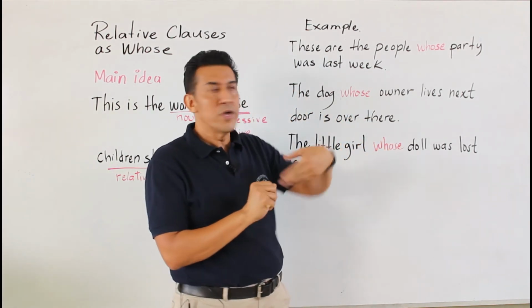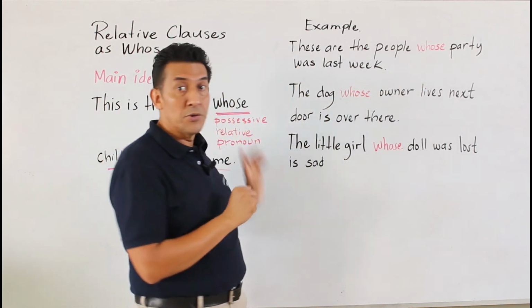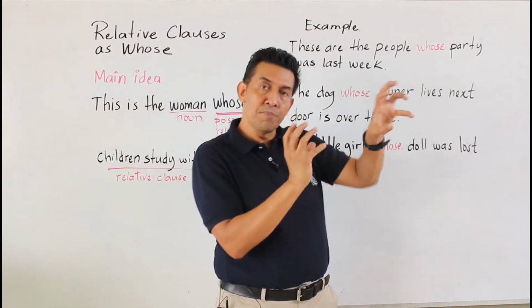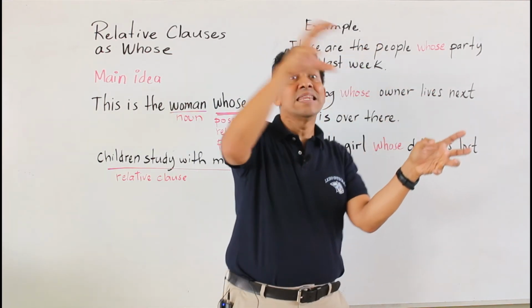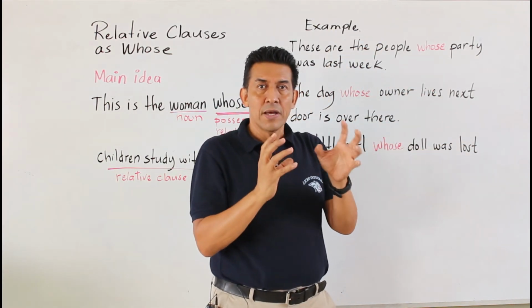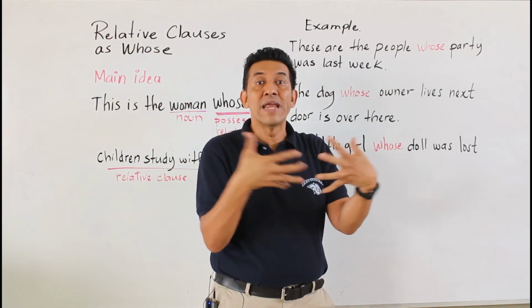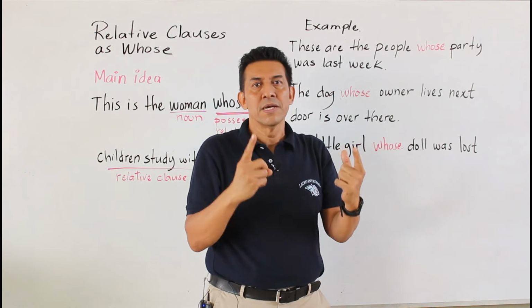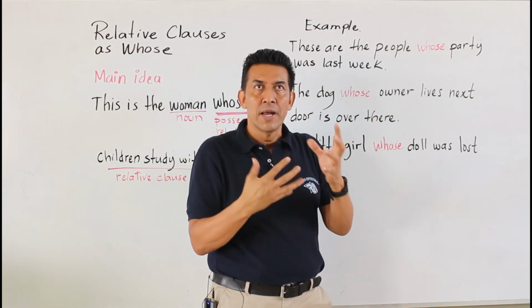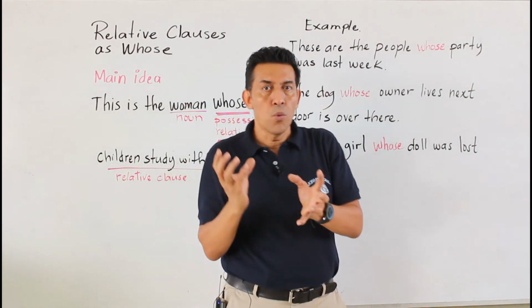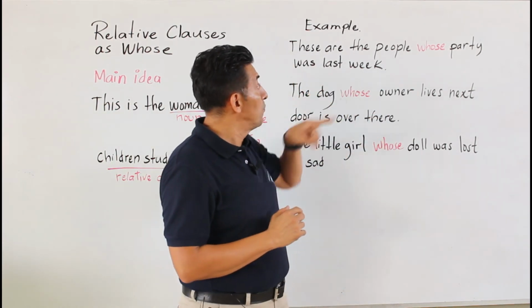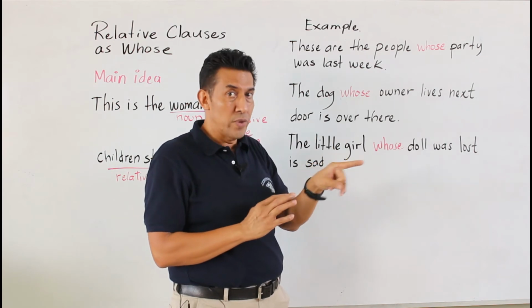So that's why we use this possessive relative pronoun to connect these people with something that relates to them, something that you can remind where you have seen these people before. These are the people whose party was last week.